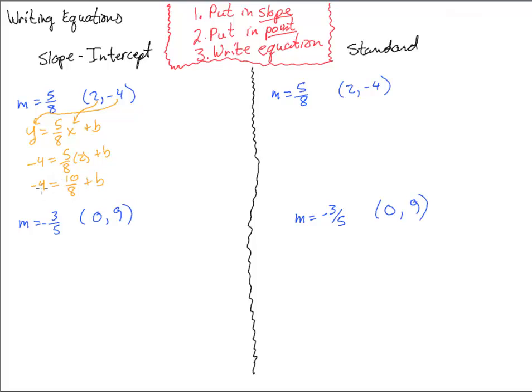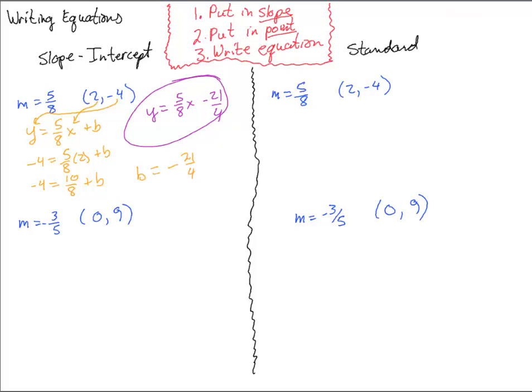Subtract 10/8 from both sides, which is the same as 5/4. So subtract that over there, and we get b to equal -21/4. Good. So we now, step 3, write the equation. y equals, we now have the slope of 5/8 x minus 21/4. And there we have it.